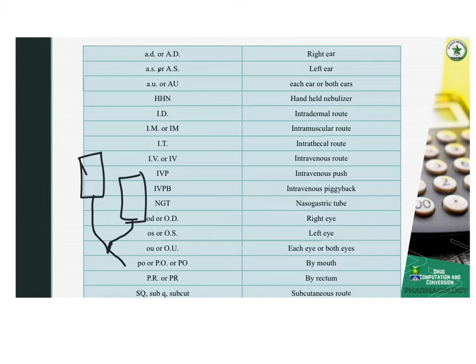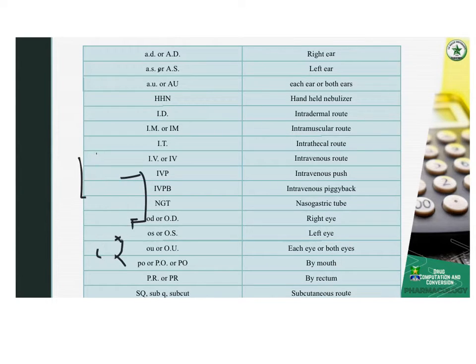That's where you will insert the other line that will serve as your intravenous piggyback. So that's IVPB.